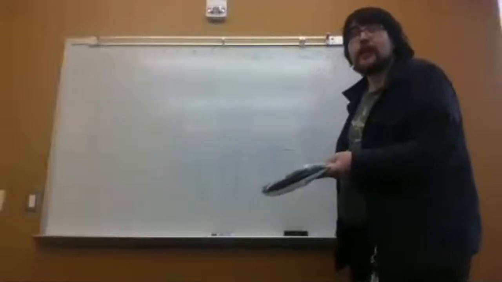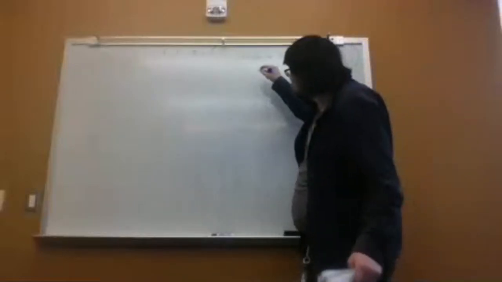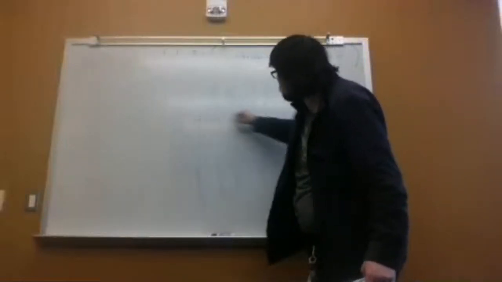Now, vertical asymptotes. Well, we just found some. So let's say this is a graph.